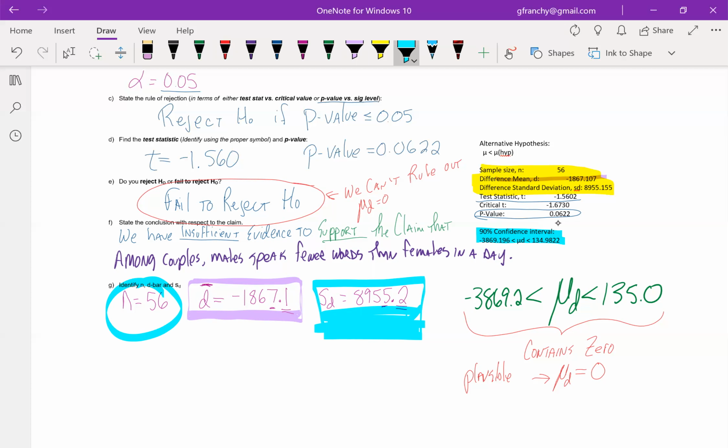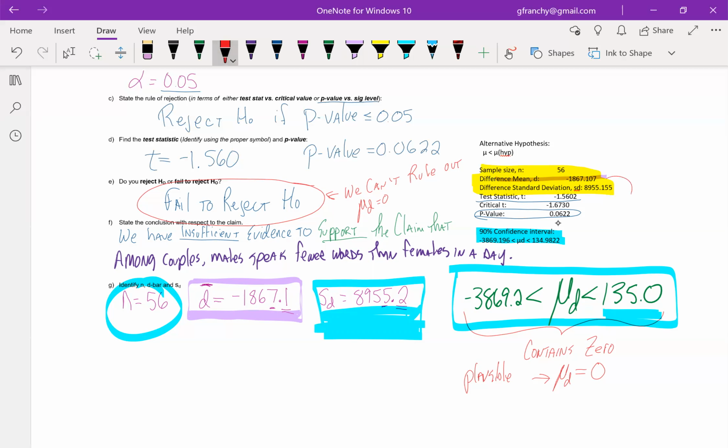So that's why we're seeing here a confidence interval that does span into the positive. So again, this confidence interval is centered at that number. So this confidence interval is negative 1867.1 plus or minus the margin of error.